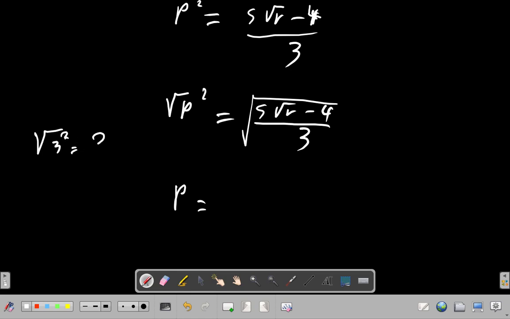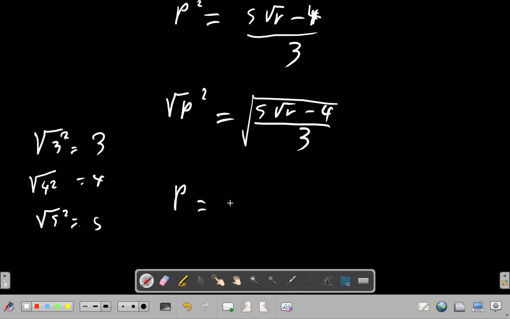The square root of 9 is 3. If you have the square root of 4 squared, 4 squared is 16. The square root of 16 is 4. If you have the square root of 5 squared, what do you get? 25, and so on. No, not 25. You get 5. Square root of 3 squared is 3. The square root of 4 squared is 4. The square root of 5 squared is 5. The square root of any number squared gives you the number itself. So the square root of p squared is p.